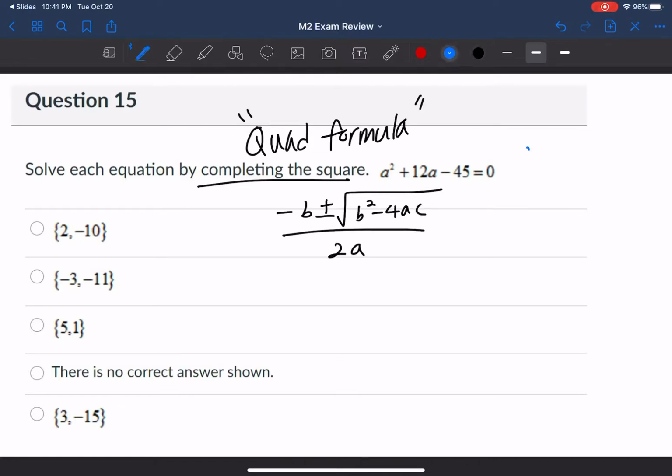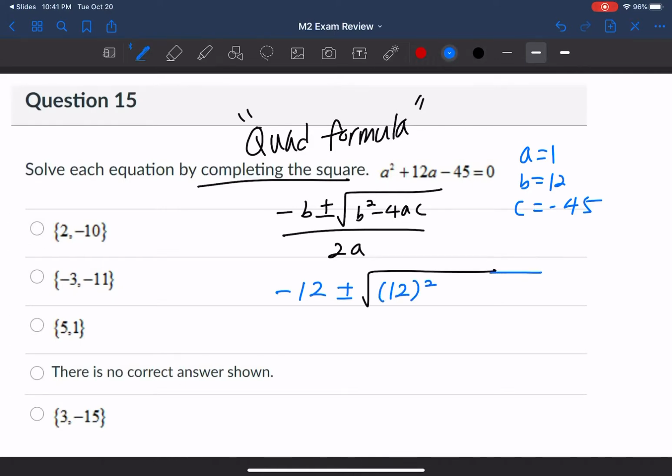So in this case, a is 1, b is 12, c is negative 45, and then you are going to just use quadratic formula. I'll show you. So it'll be negative 12 plus or minus the square root of positive 12 squared minus 4 times a, which is 1, times c, which is negative 45, all over 2 times 1.